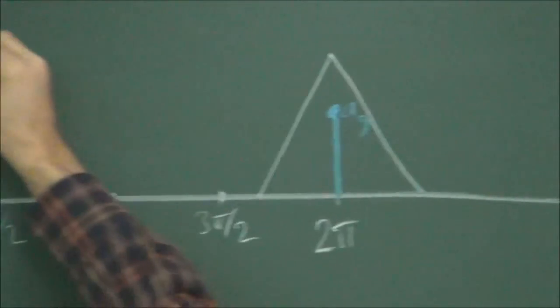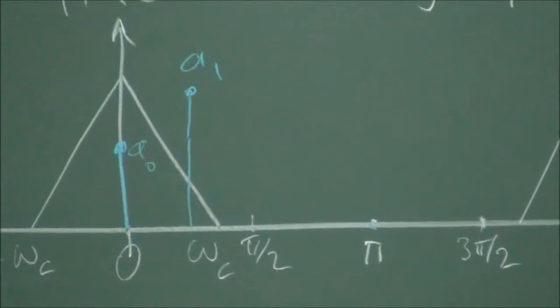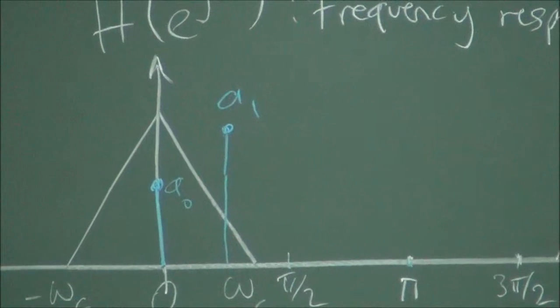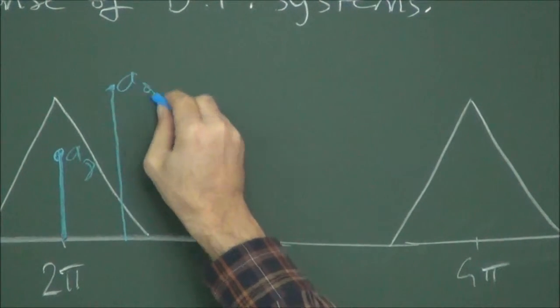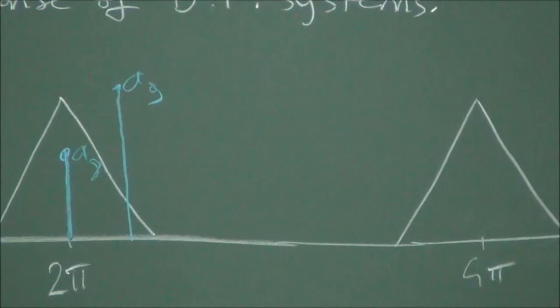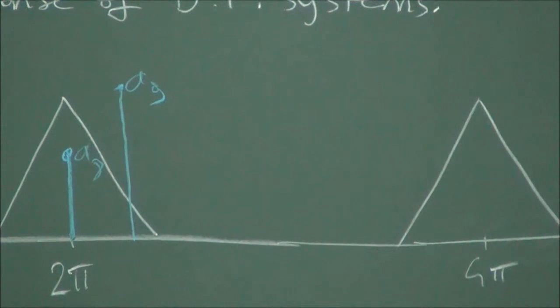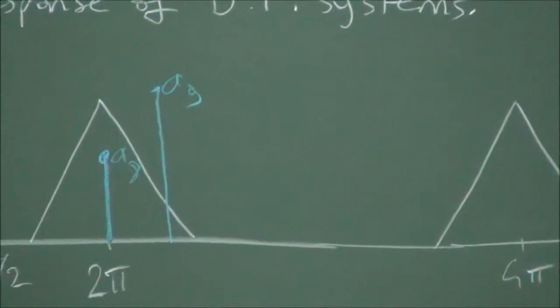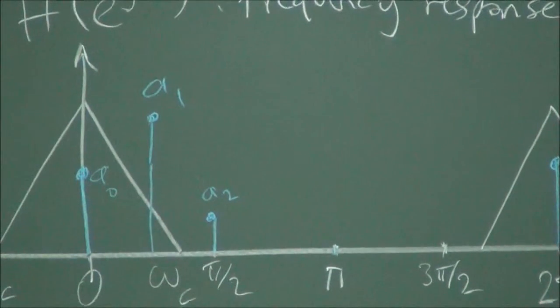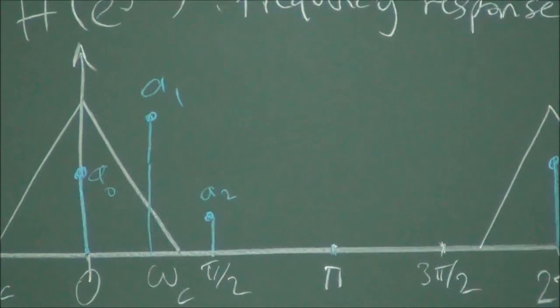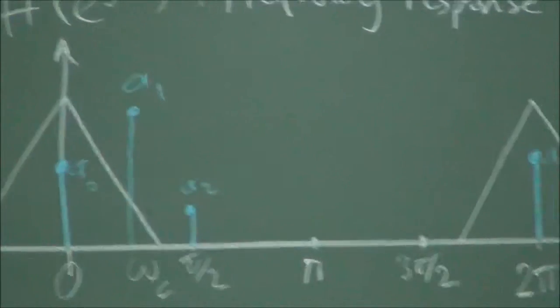This one, for example, is A1. Guess what? At the same position, starting from 2 pi, you have A9, which is the same as A1. At the point of pi over 2, you have A2. And here you have A10, which is the same as A2.